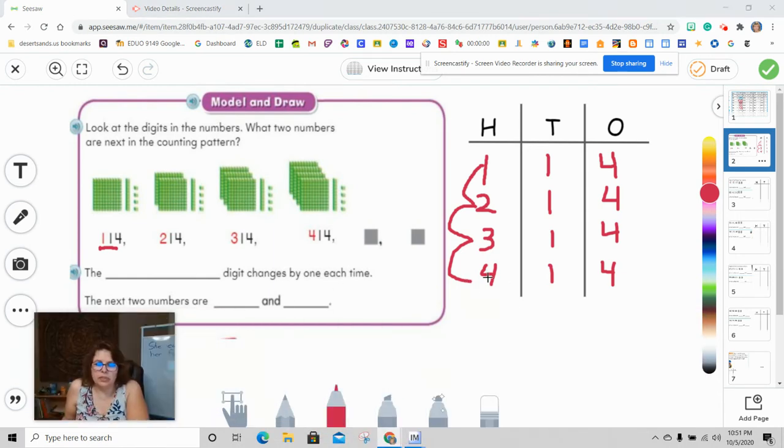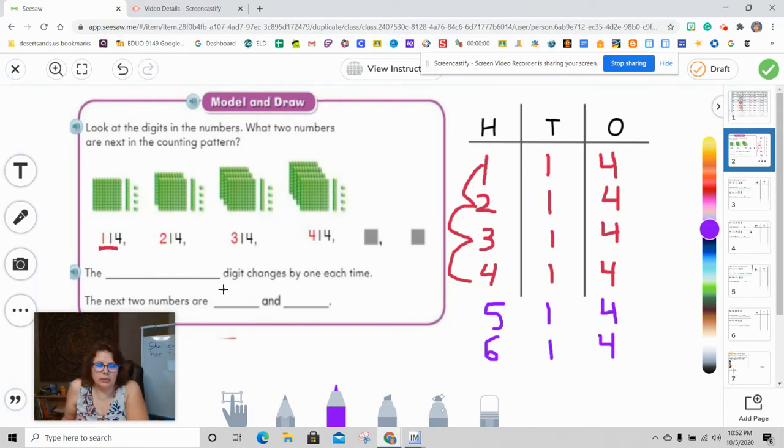So if this was 414, my next number would be 514, and then it will be 614. Those will be my next two numbers because the ones did not change, neither did the tens, but we saw that the hundreds place was moving up one more hundred.